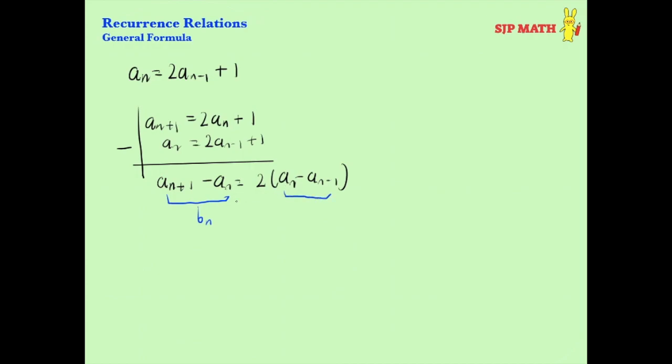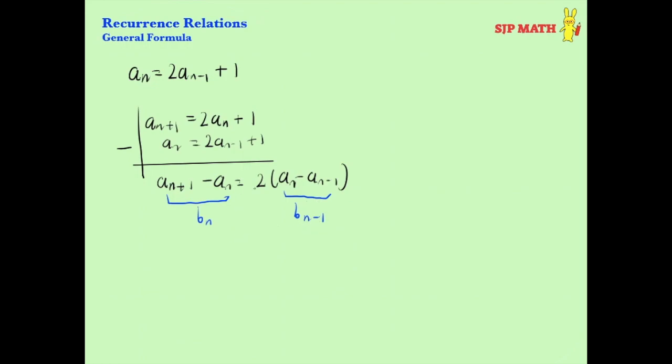Well, if Bn is equal to an plus 1 minus an, then an minus an minus 1 is going to be equal to Bn minus 1, if that makes sense. Because an plus 1 minus an is equal to Bn, if we decrease each of these subscripts by 1, it will be Bn minus 1 equals this.